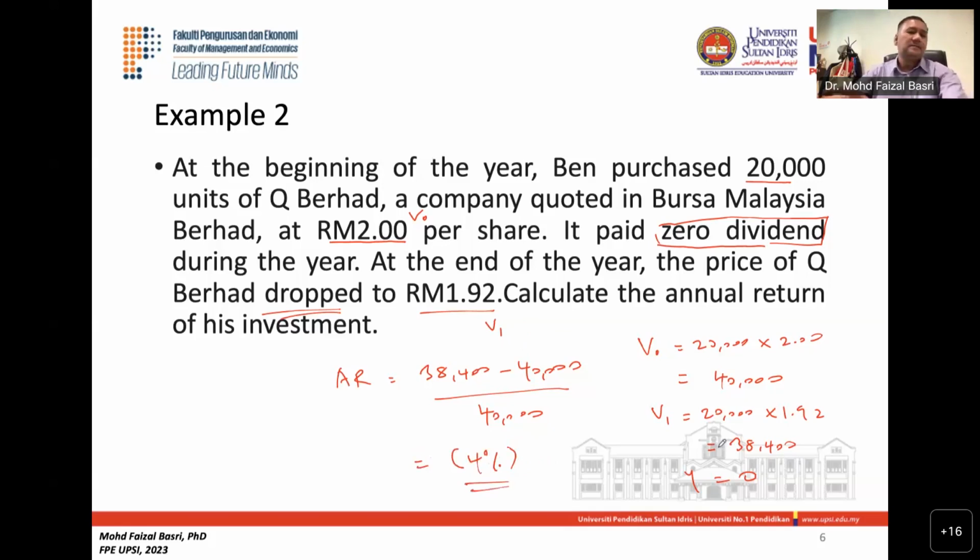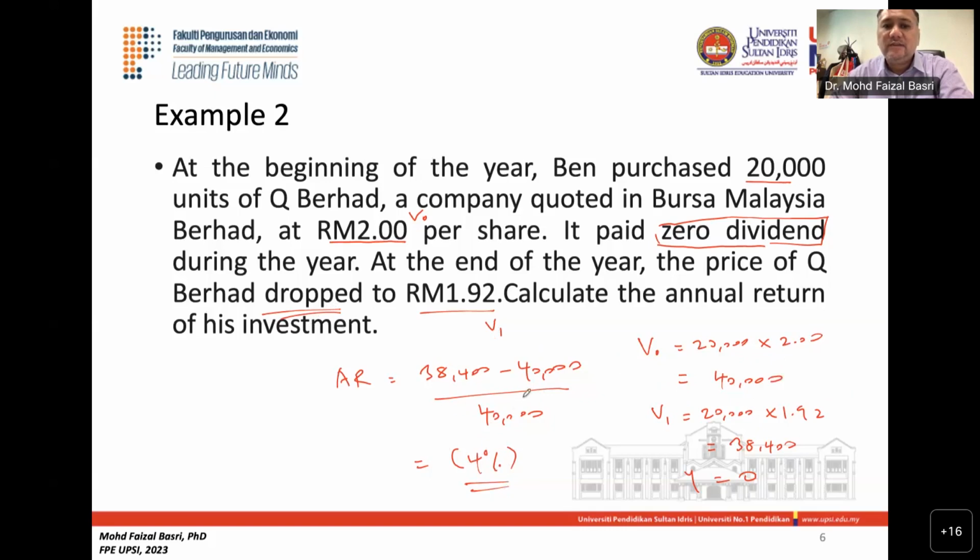Negative 4% return. So if you see this situation, you don't switch the position to make it positive. No, it's always V1 minus V0, and divide by V0 as well, the original value of the investment. So in this case, as I mentioned, if the price dropped, we know already our annual return will be negative.